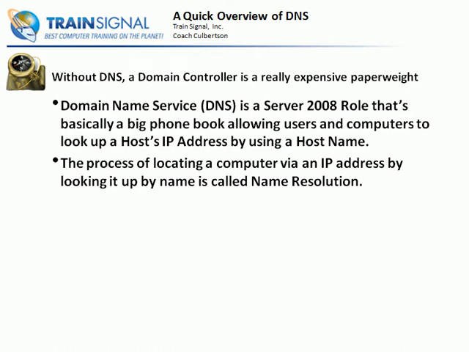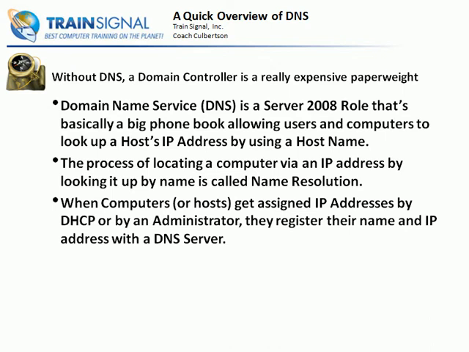Now, the process of locating a computer via an IP address by looking it up in DNS is what we call name resolution. So it's kind of a big fancy name for a pretty simplistic process, really. But when computers, or what we call hosts, get assigned IP addresses by DHCP, or maybe as an administrator you assign that IP address, they actually turn around and register their name and IP address with a DNS server.